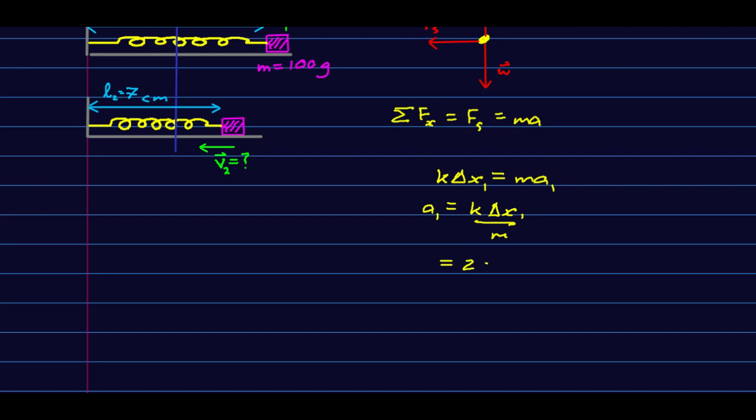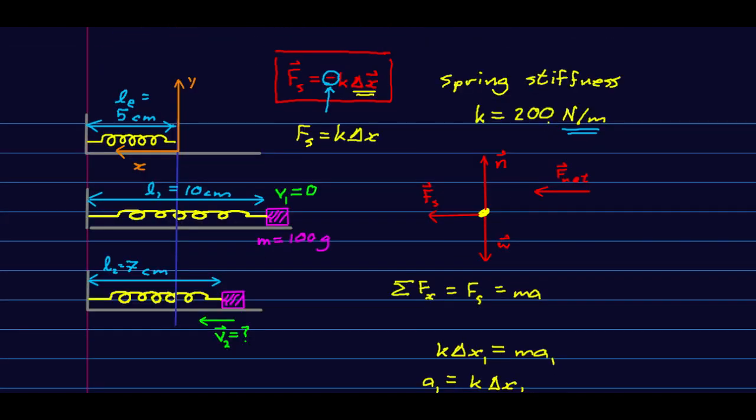And so that is 200 newtons per meter times our 5 centimeters. So careful: 0.05 meters all over our 100 grams, or 0.1 kilograms. And if you work it out, that is actually 100 meters per second squared. It's quite a large acceleration, but this is a pretty stiff spring.